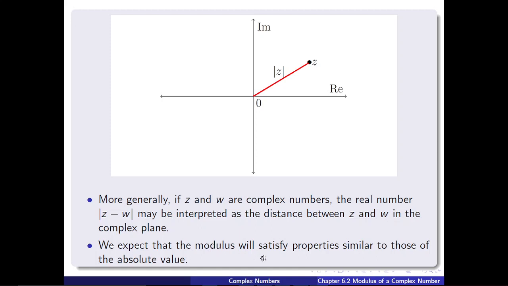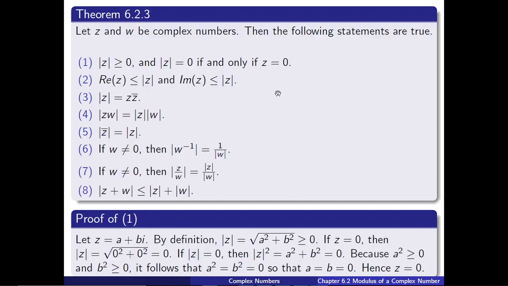And we expect the modulus will also satisfy properties that are satisfied by absolute values. So that is our theorem 6.2.3. Let z and w be complex numbers, then the following statements are true. The first one tells us that the modulus of z is greater than or equal to 0, and the modulus of z is equal to 0 if and only if z is equal to 0.